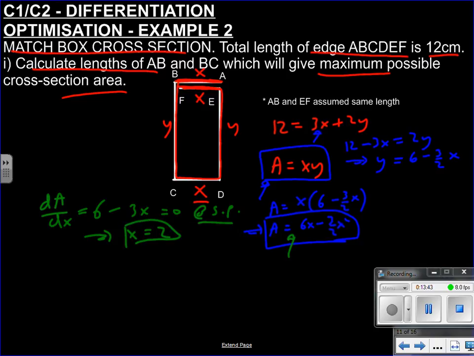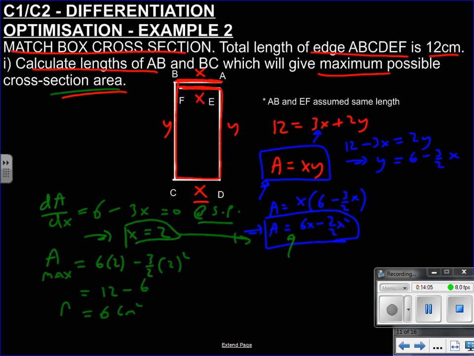Yeah? But remember, it wants the maximum cross-sectional area. So A max must equal, and we can whack our 2 in there, 6 times 2 minus 3 over 2 times 2 squared. That's 12 minus 6. So 6 centimeters squared is our maximum area.